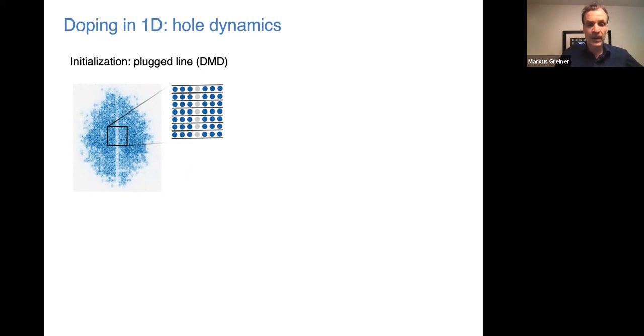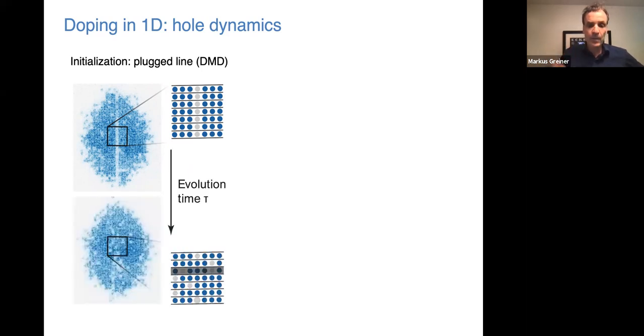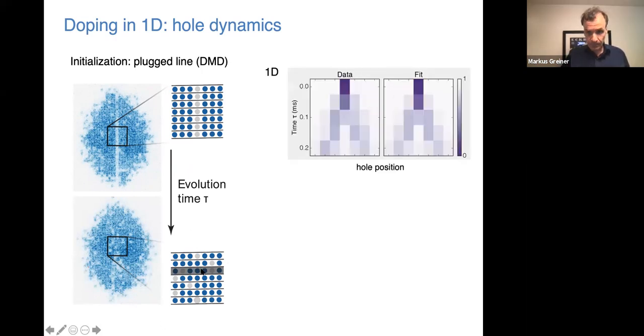And if we now let the hole go, you can see how it moves left or right. And after some time evolution, we take one snapshot, right? And we measure where the hole ended up. And if you plot that, we can see this nice quantum walk also.